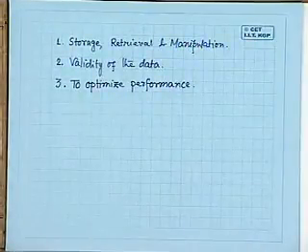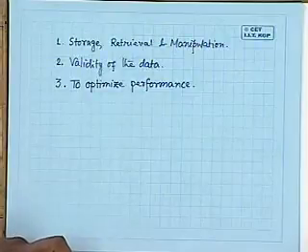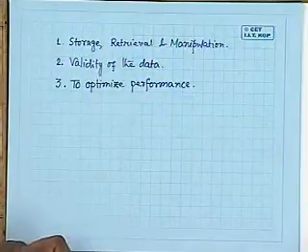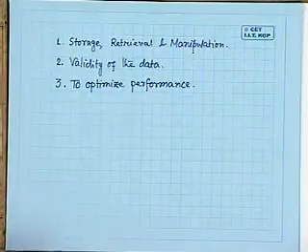When I say optimization of performance, I can have two kinds of optimization. The first kind is related to the user, a person who is working on a terminal, and the second kind is related to the system. As far as the system is concerned, performance optimization means the overall throughput of the system should be maximized.